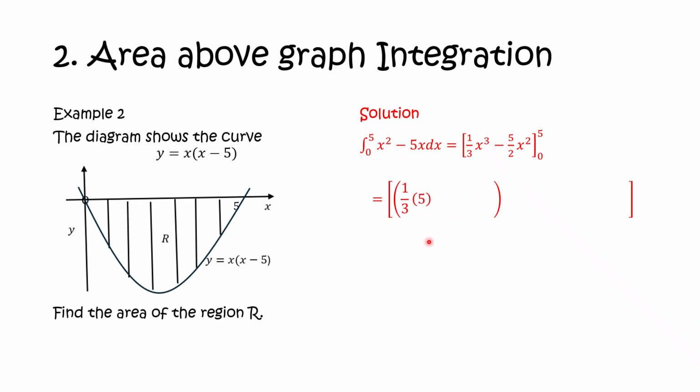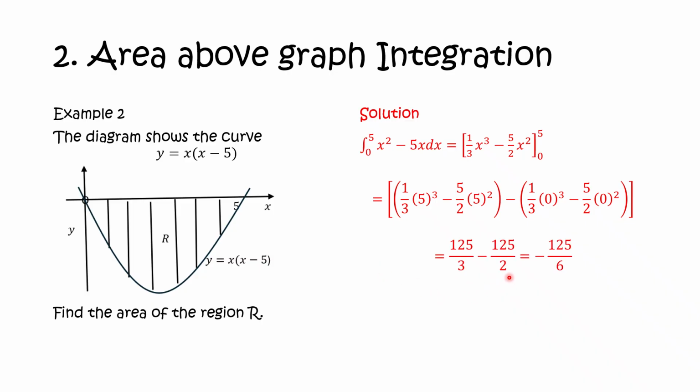That is from 0 to 5. So recall, starting with the upper limits first, then subtracting with what we have when we substitute for x from the lower limits. So that is what we would have here. Then now, of course, simplifying our work, we would have 125 divided by 3 minus 125 divided by 2.